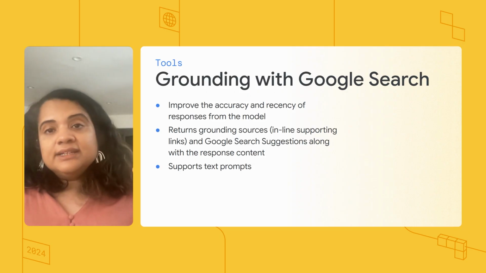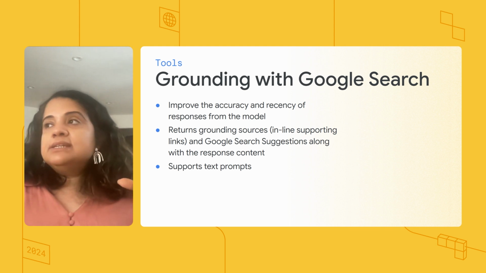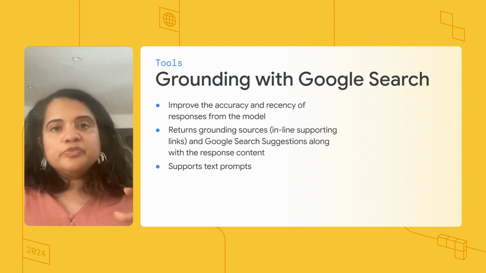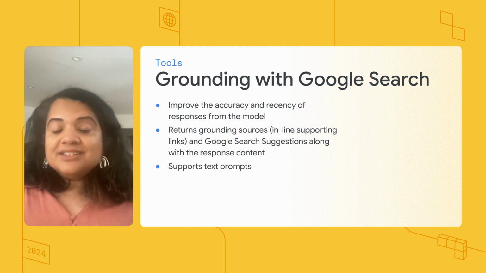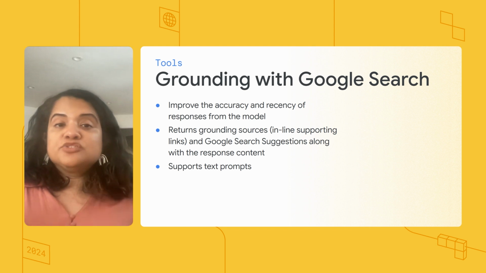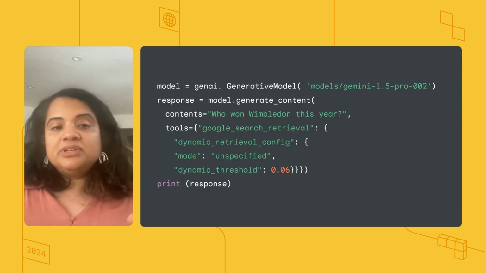And then the final tool that we just released recently is grounding with Google search. And the idea here is you can now use the power of Google search to make Gemini's responses more accurate, more recent, and in certain cases, richer. So the example here is asking who won the US Open this year.